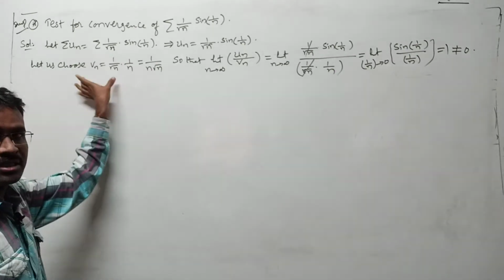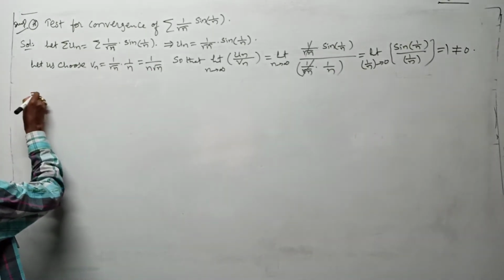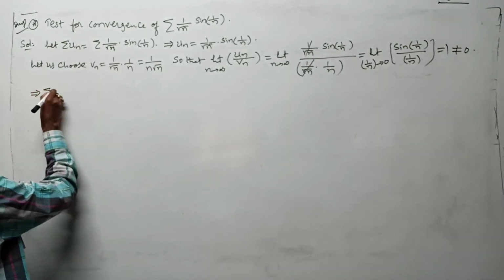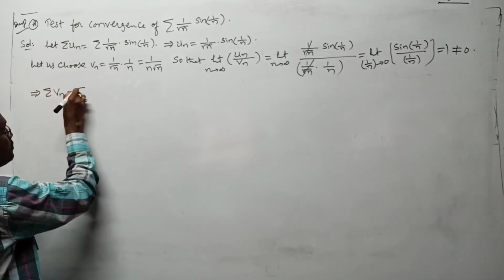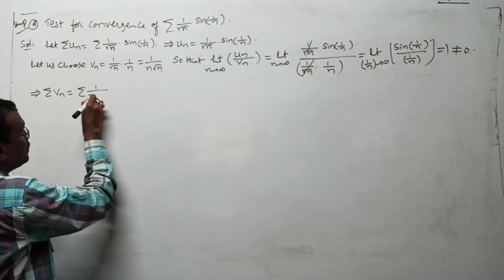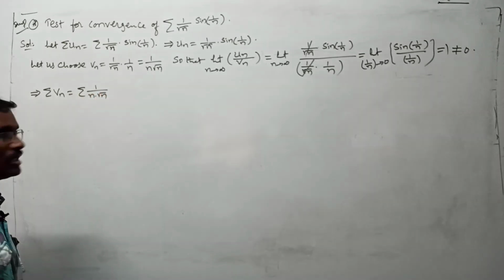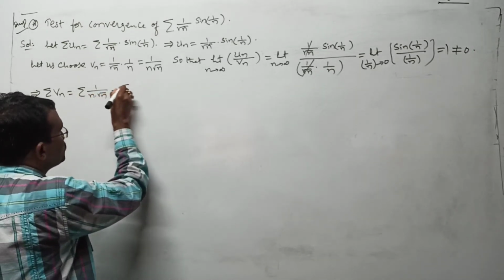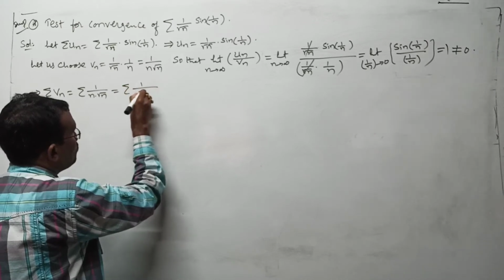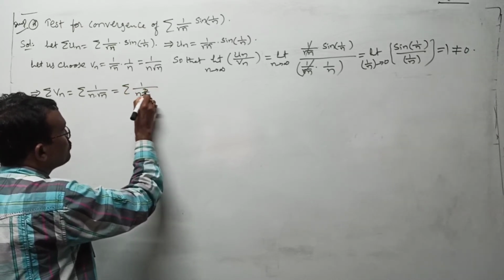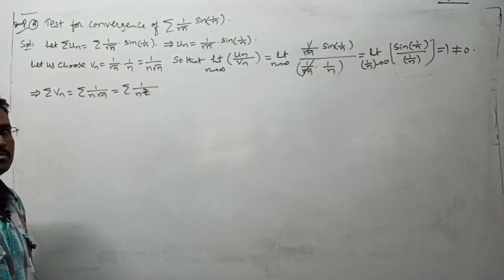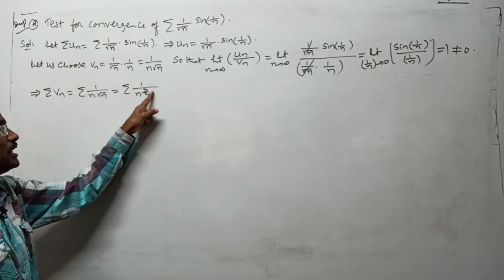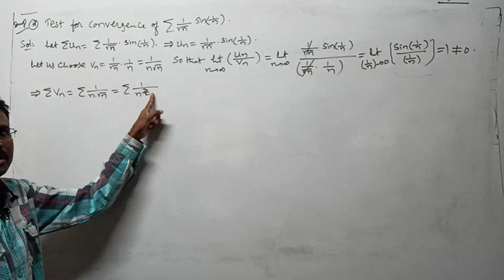Now let us go through the nature of sigma Vn. Sigma Vn is equal to sigma 1 by n into root n, otherwise you can write this as sigma 1 by n to the power of 3 by 2. Already I told in the previous question: n power 1 into n to the power of 1 by 2 is n to the power of 3 by 2. This is of the form sigma 1 by n power p, where p equal to 3 by 2 is greater than 1.